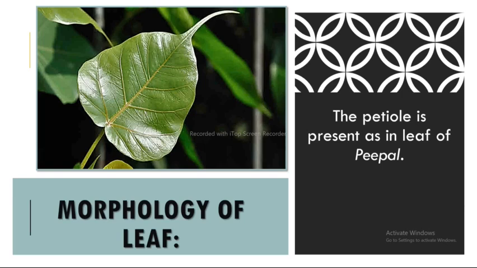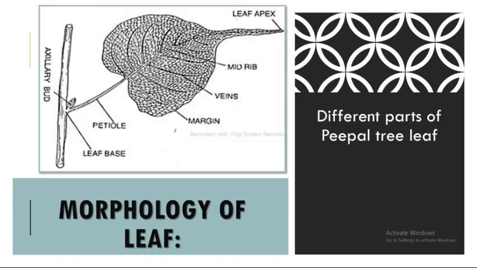So, morphology of leaf. This is the petiole, and if the petiole is present in the leaf, such condition is known as petiolate, as in the leaf of the peepal you can see in this figure. So again, these are the different parts of the peepal tree leaf, and the first part is leaf apex, which is also known as leaf tip.